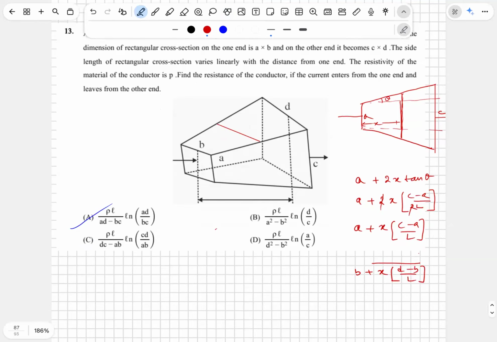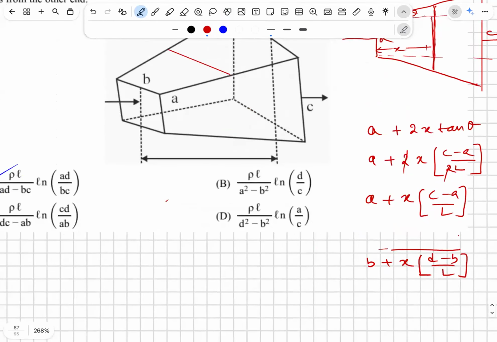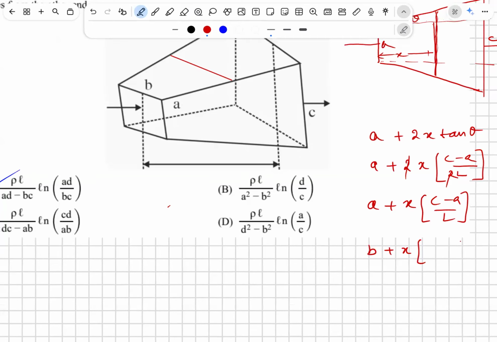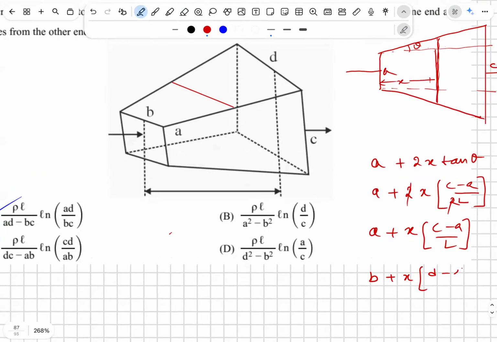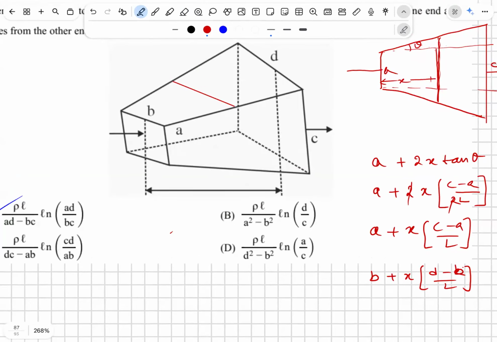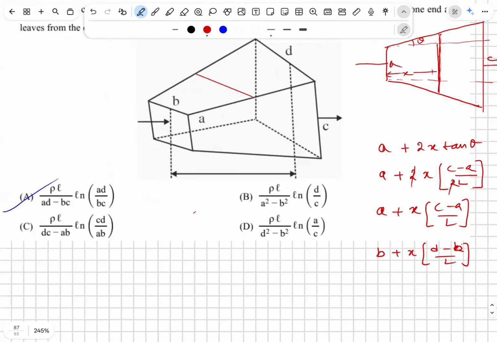Now this is one arm and that is another arm. One more time, just please tell me. B plus X into D minus B by L. D minus B. 2L.